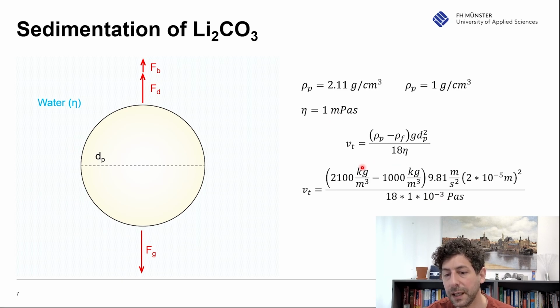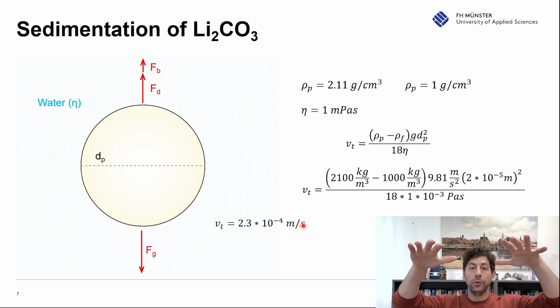If you check the units here, you will see this cannot be meter, this has to be milli. So if you are unsure about this, always check the numbers. If you put all of this into a calculator, you will end up with 2.3 multiplied by 10 to the power minus 4 meter per second.